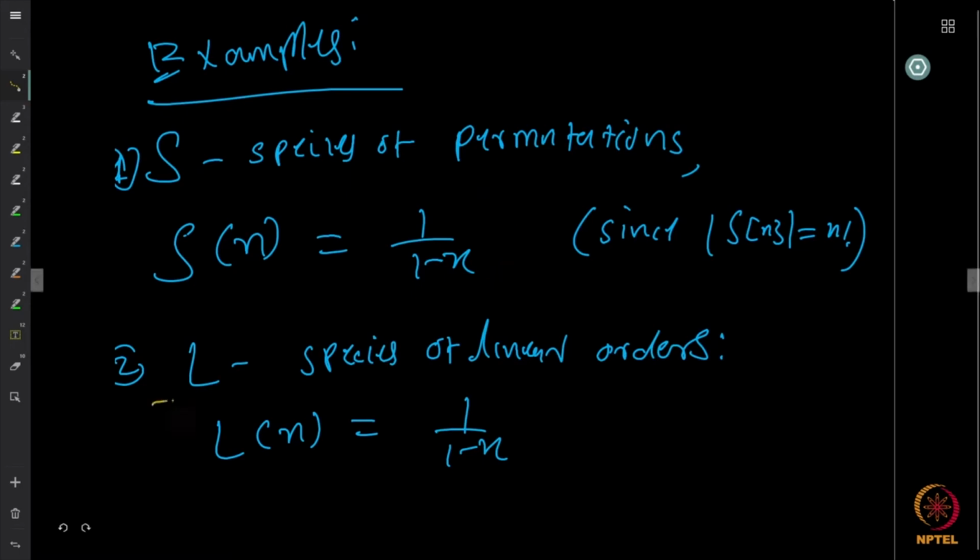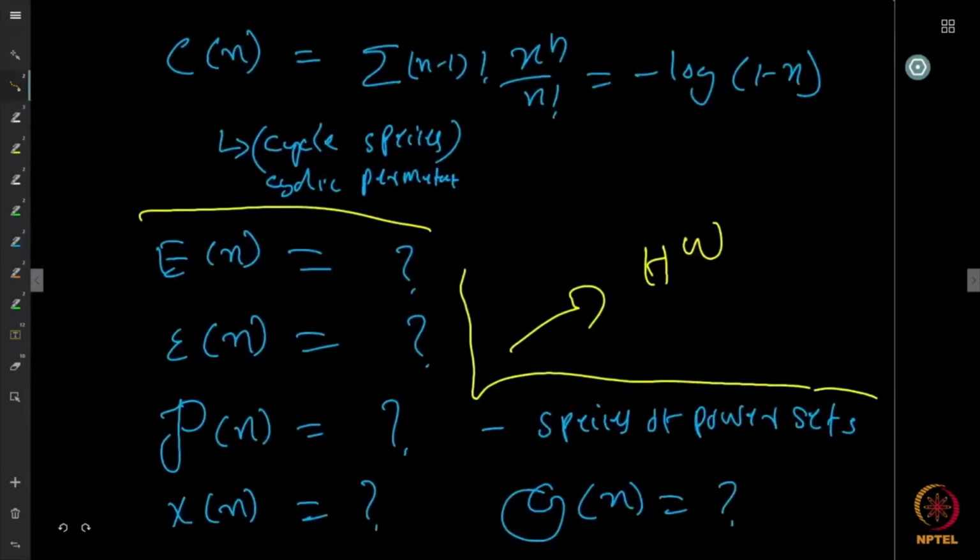Then if you talk about the species of linear orders, we know that there are also n factorial many linear orders. So L of x is also 1 by 1 minus x, where L of x is the exponential generating function for the species of linear orders. C of x is the cycle species, cyclic permutations.